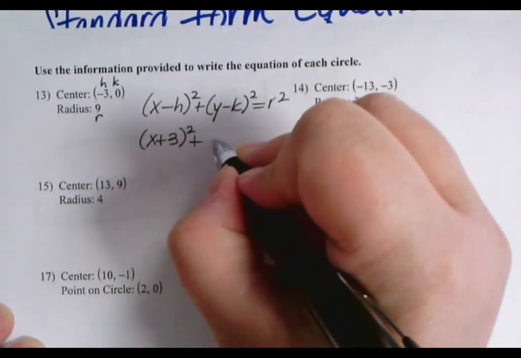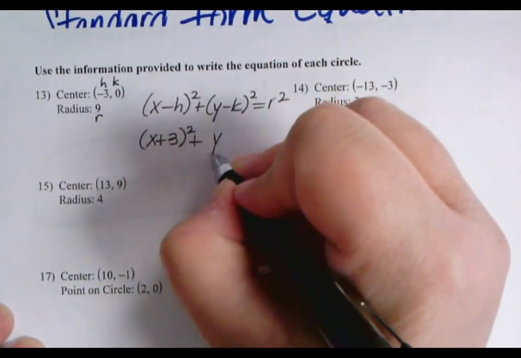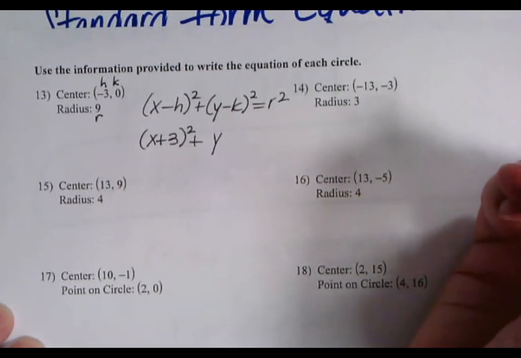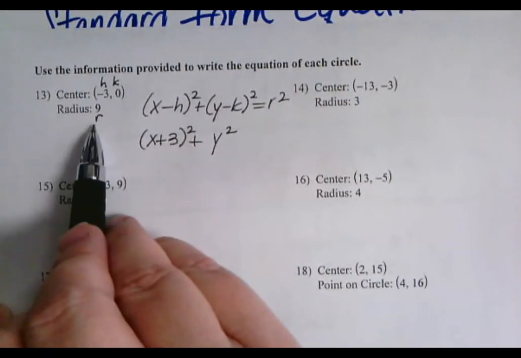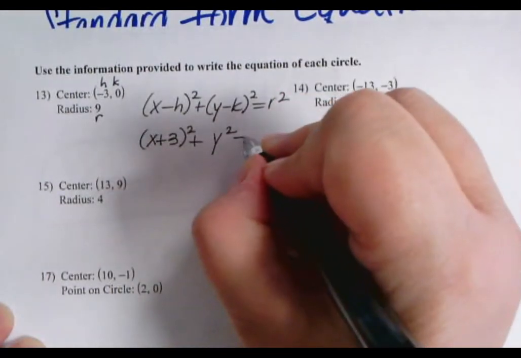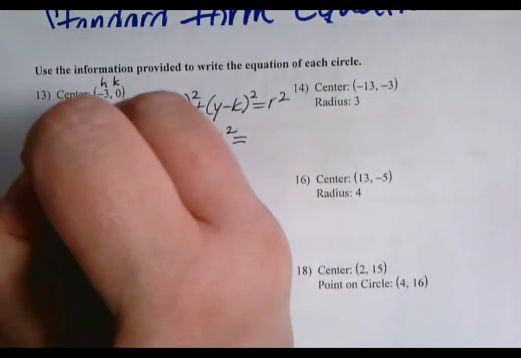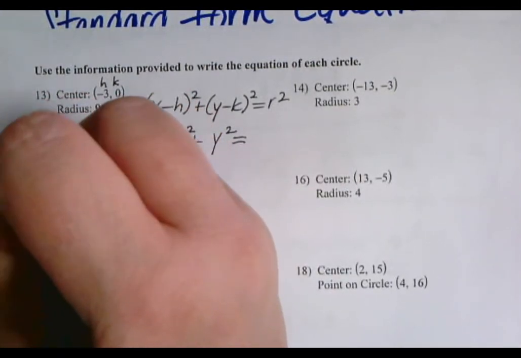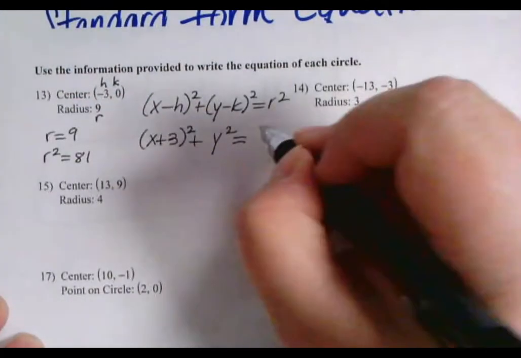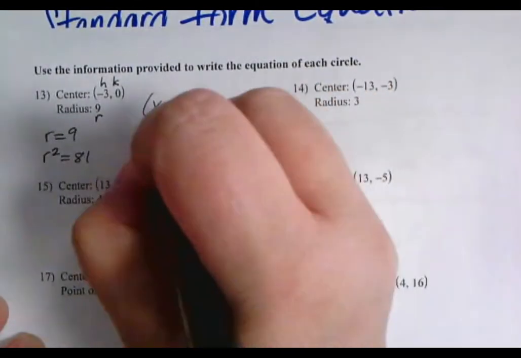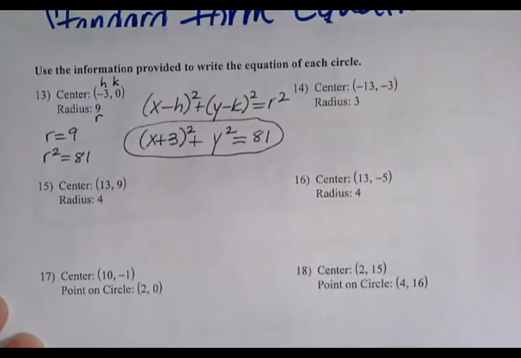And y minus 0, we don't have to put in parentheses because y minus 0 is just y. So I'm just going to leave it like this. If r is 9, we're not going to see 9 in the equation because in the equation we see r squared. So if r is 9, r squared is 81. So that's what we would see in the equation, and that is my answer.